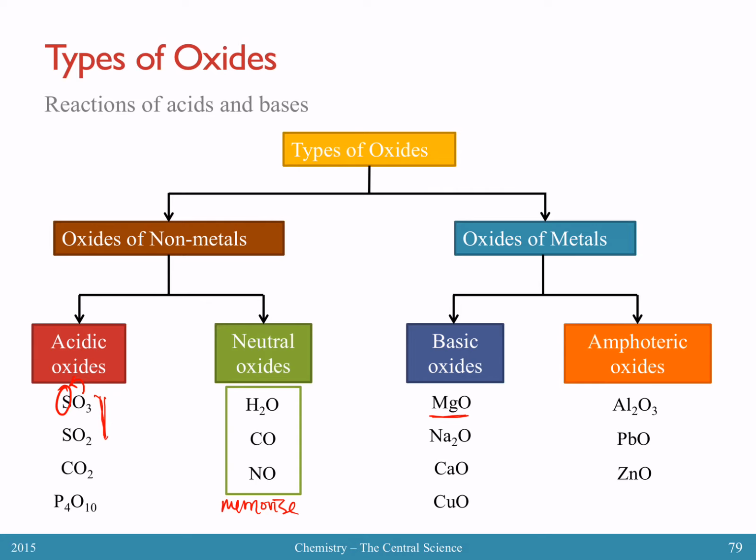So that's why, of course, these oxides will be basic. And again, the amphoteric oxides, these are the only examples you need to know. So memorize. If you see another metal oxide and it's not these 3, it means that it's a basic oxide. Is that clear? Okay, so more stuff for you to memorize over the long weekend.